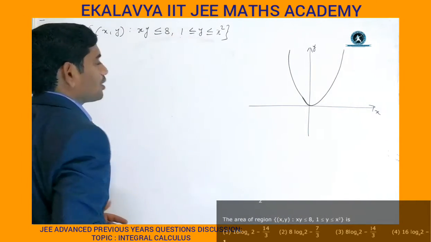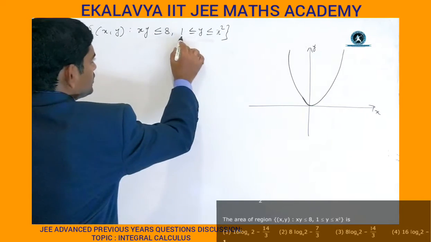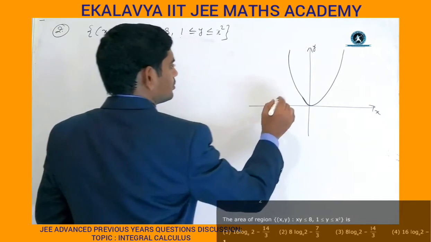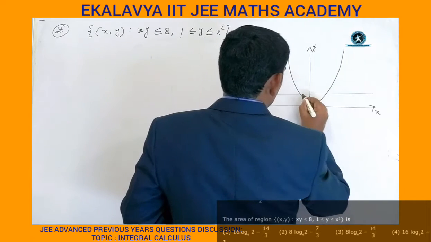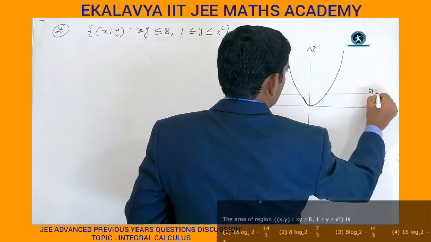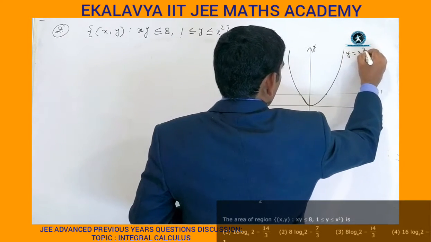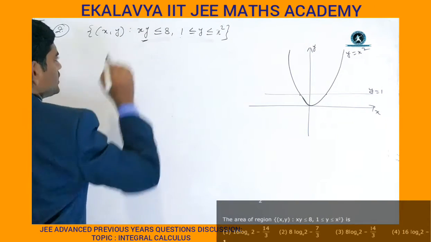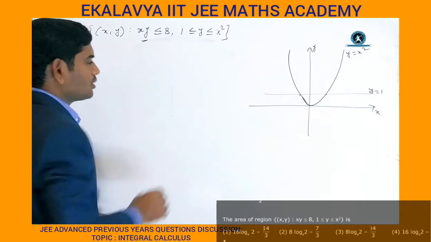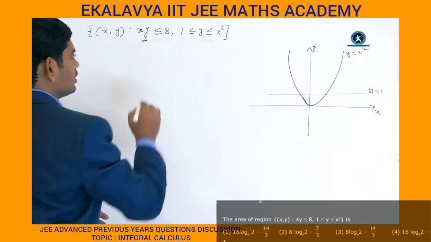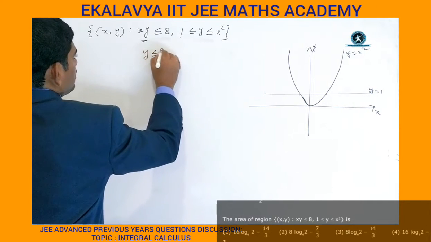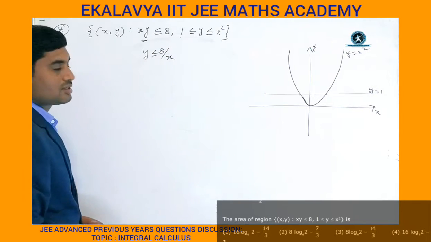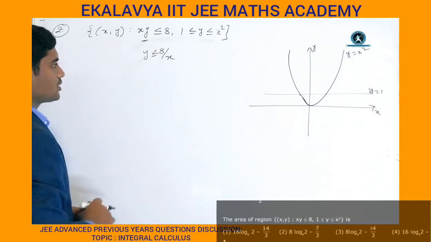And 1 less than or equal to y. So this is y equal to 1 and this is y equal to x square. And xy is less than or equal to 8, then y is less than or equal to 8 by x.